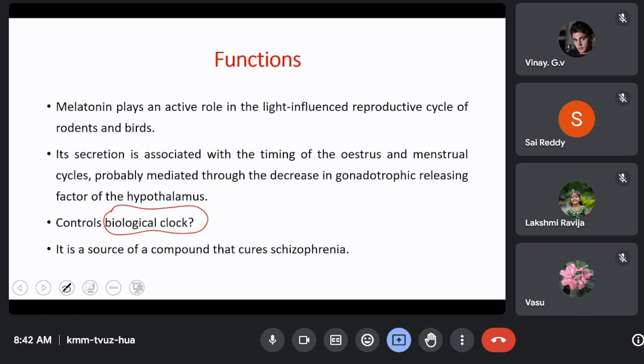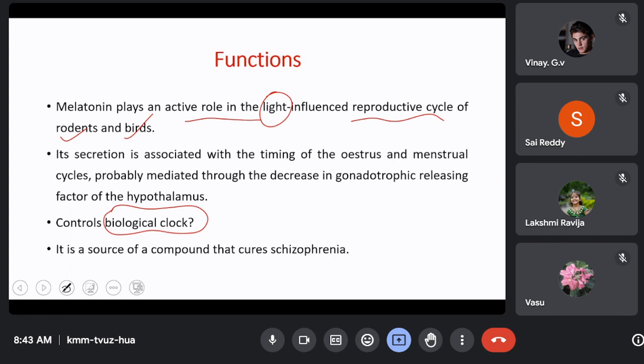But there are certain other research areas where thorough evidence has been produced. For example, it plays an active role in the light-influenced reproductive cycle of rodents and birds, because it is related to the biological clock.